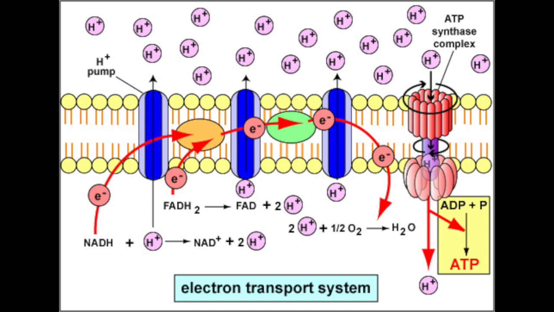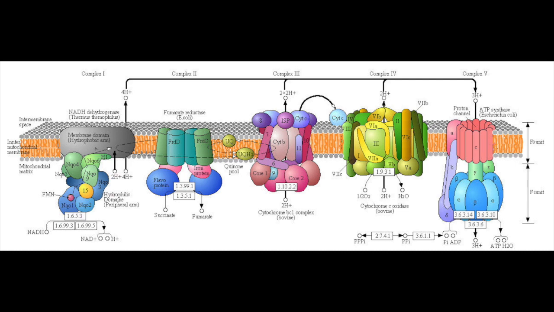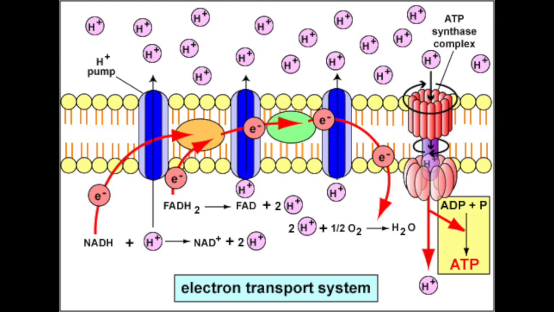The electron transport chain is divided into complex I, complex II, complex III, and complex IV.